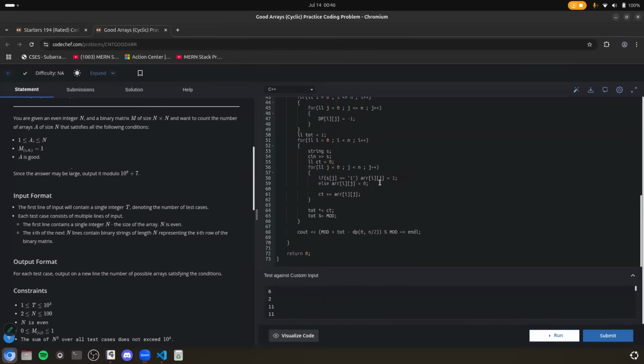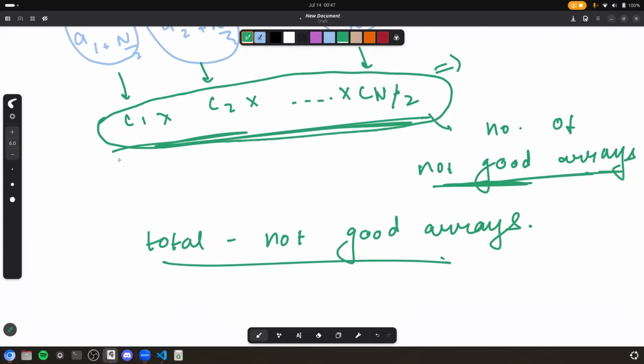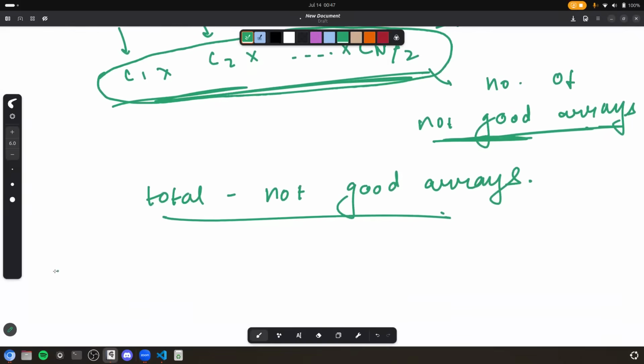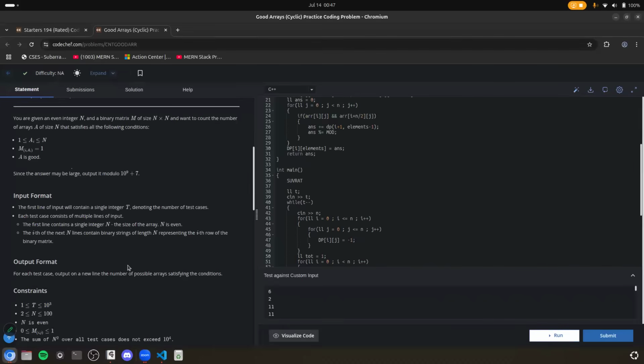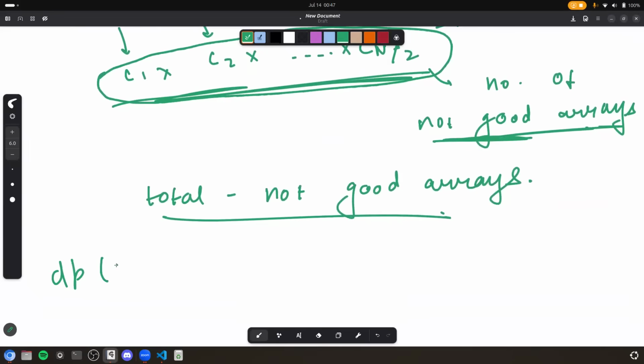Okay, I actually used a slightly different method to calculate the number of not good arrays. It basically does this thing. But what I'm doing is I've made a DP which has the state i comma elements.